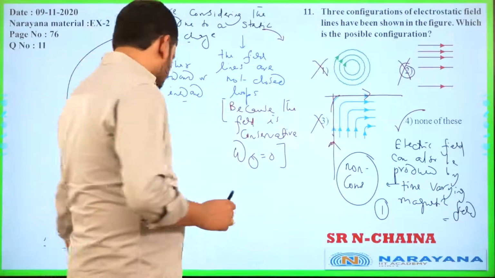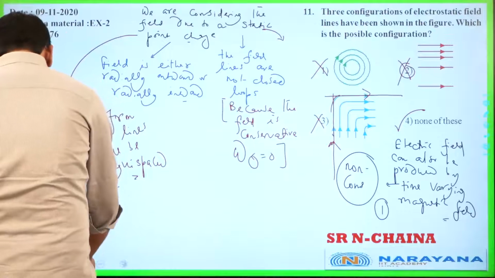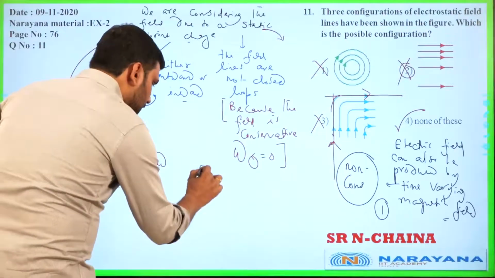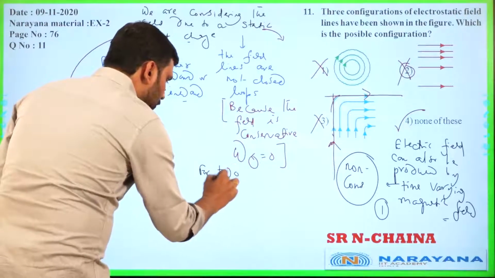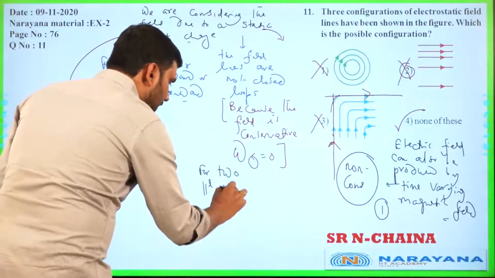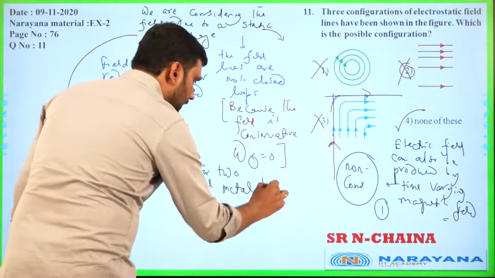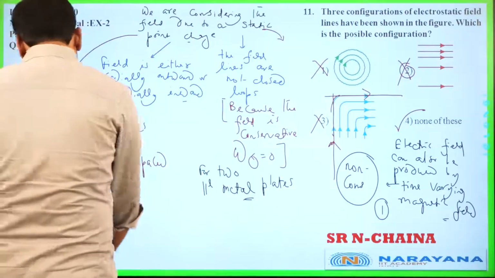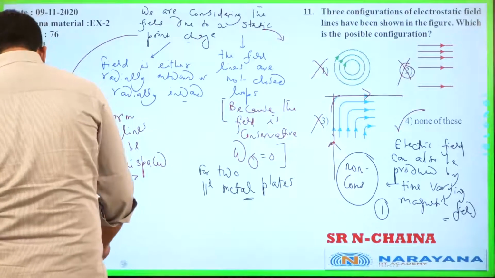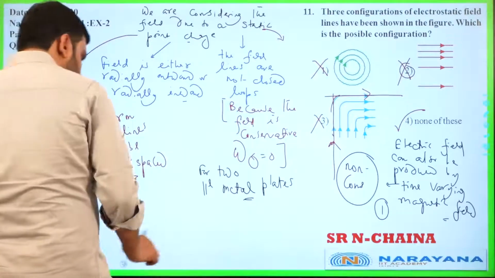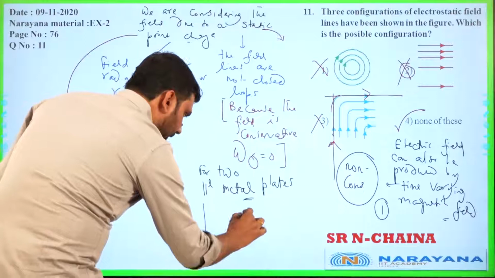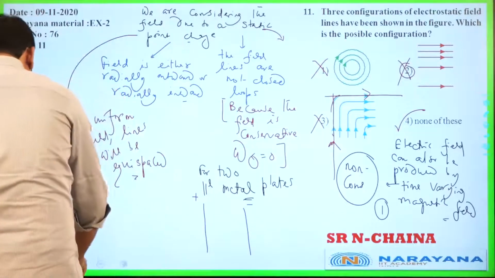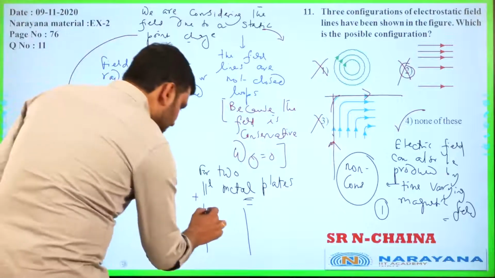Second is that for two parallel metal plates, this is positive charge, this is negative charge. Electric field will be like this.